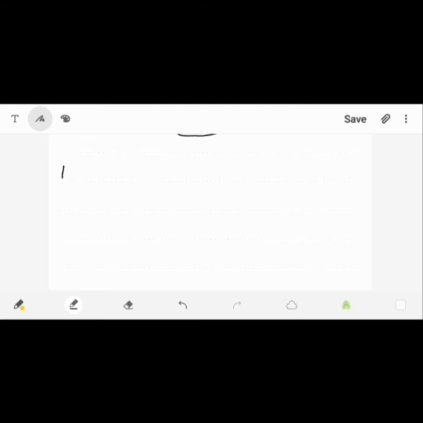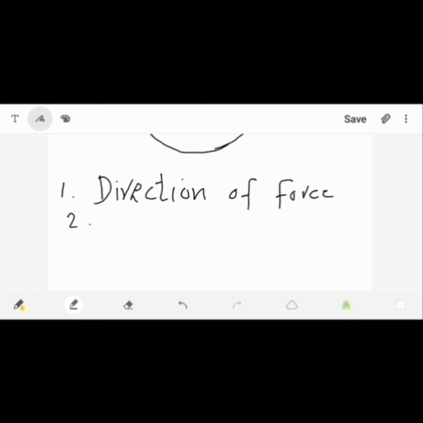Number one, this force is directed towards the center of the circle. Number two, this force is perpendicular to the direction of motion of the body.